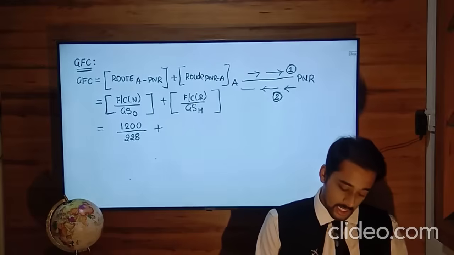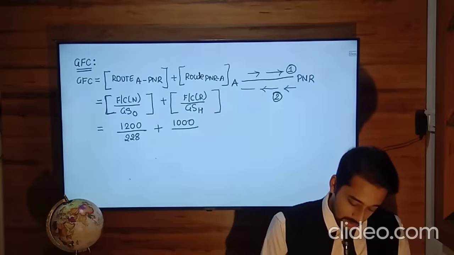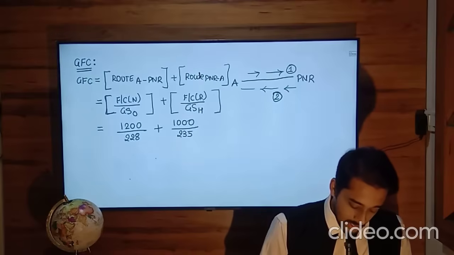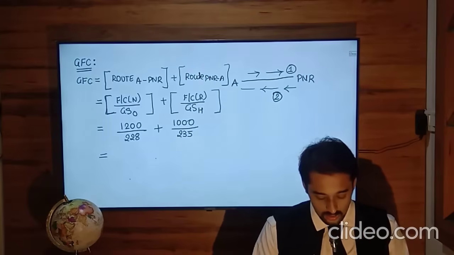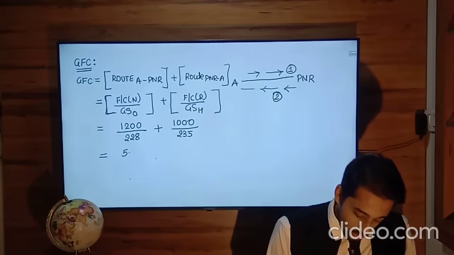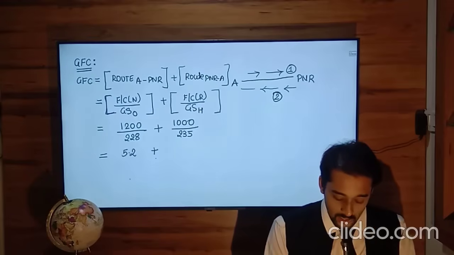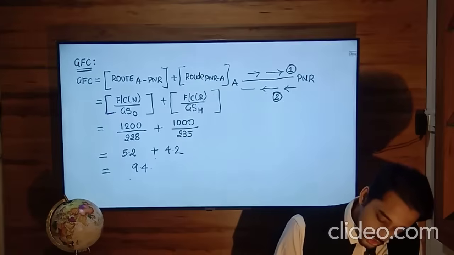Homebound fuel consumption is 1000 and homebound speed is 235. So that gives us 5.2. 1000 divided by 235, 4.2. So that is equal to 9.4.